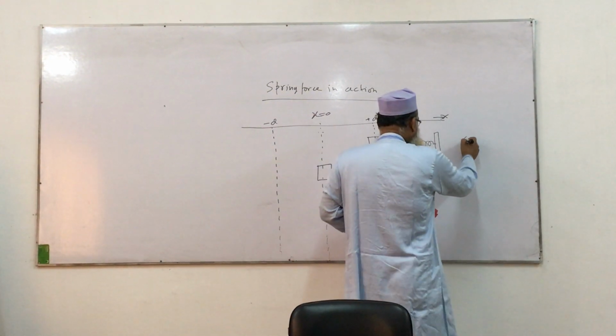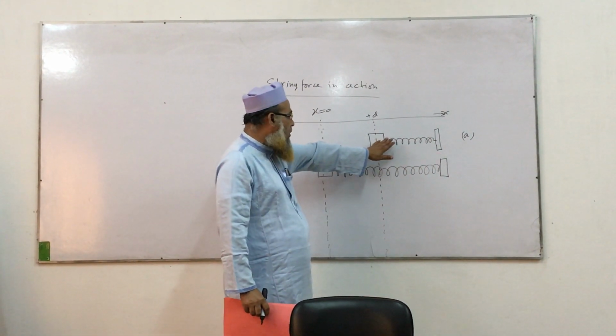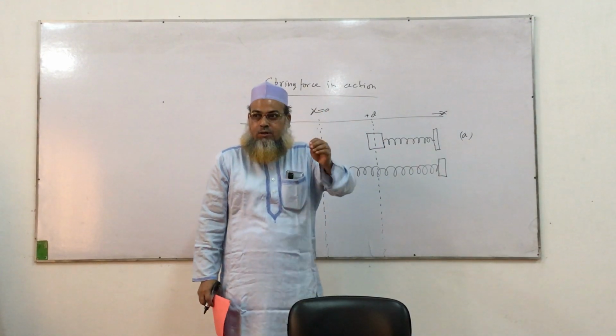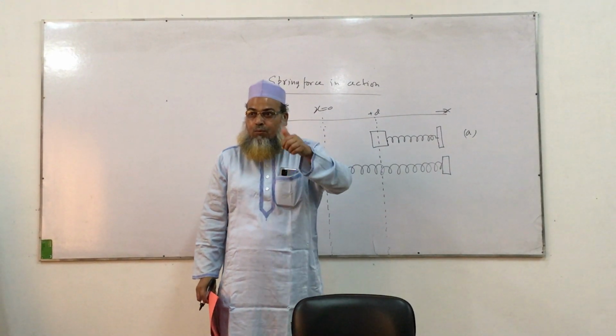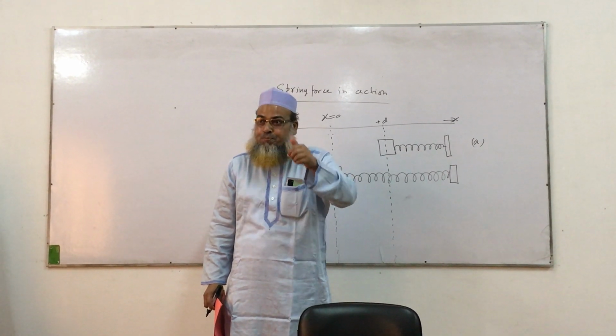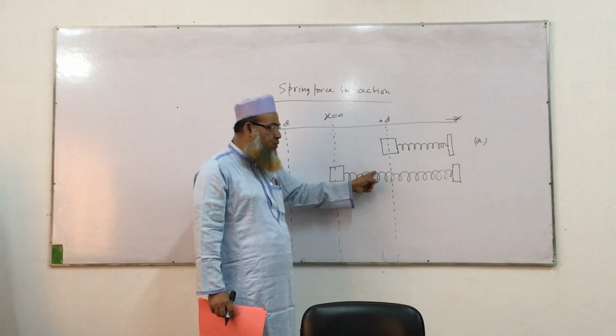This is figure A. We shall not calculate any work for this figure, because an external body works here. But we want to find the work done by the spring. So our calculation will start from the next figure.